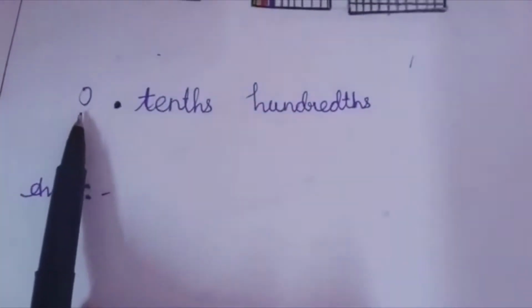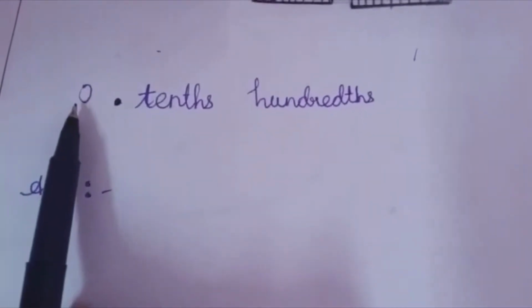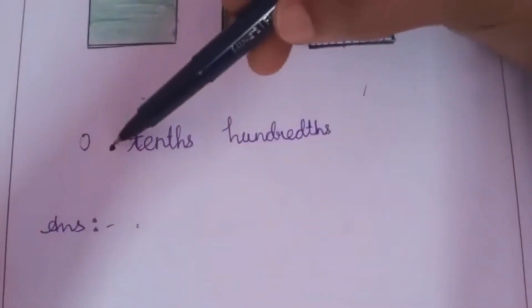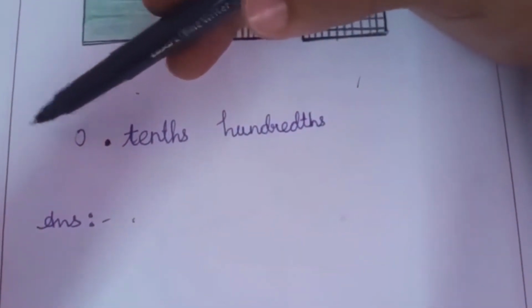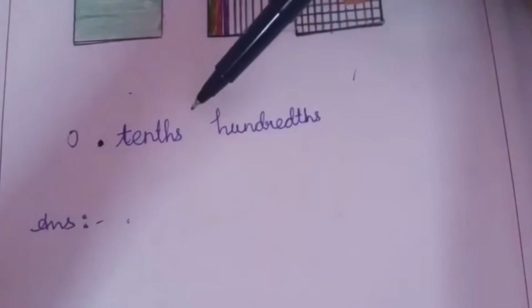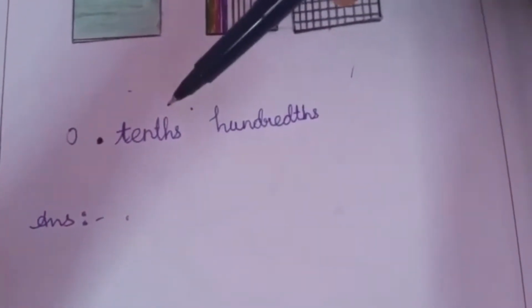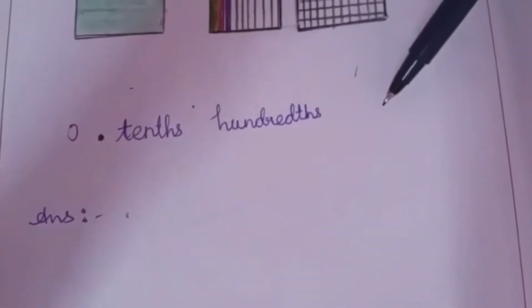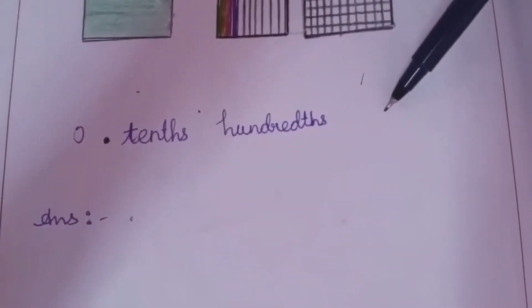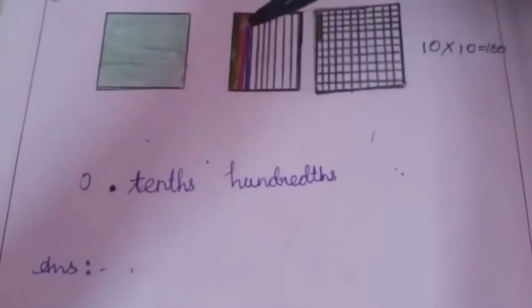Not only ones. Before the point, ones, tens, hundreds will come. After the point, means towards the right side, tenths, hundredths will come. Even in the next section we are going to learn thousands. So let us place a number.